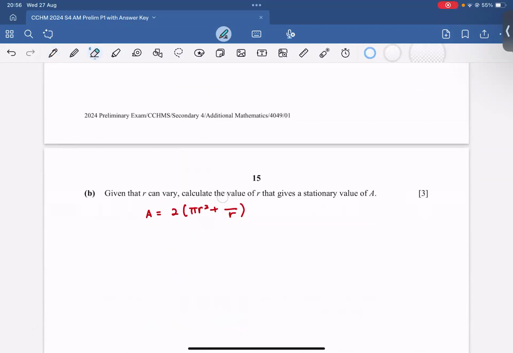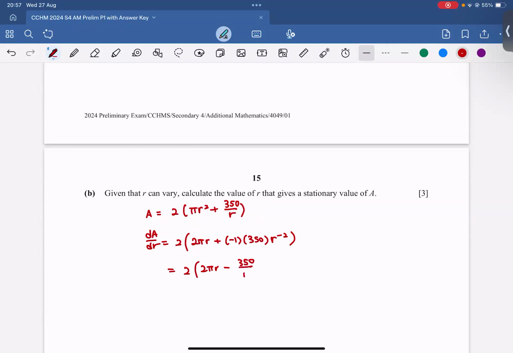So when we differentiate this, dA/dr, the 2 just stays there. Differentiating pi r squared gives 2 pi r. Differentiating this is actually 350 r to the power of -1. So you bring the power down first, then the power of r becomes -2. So it becomes minus 350 over r squared.